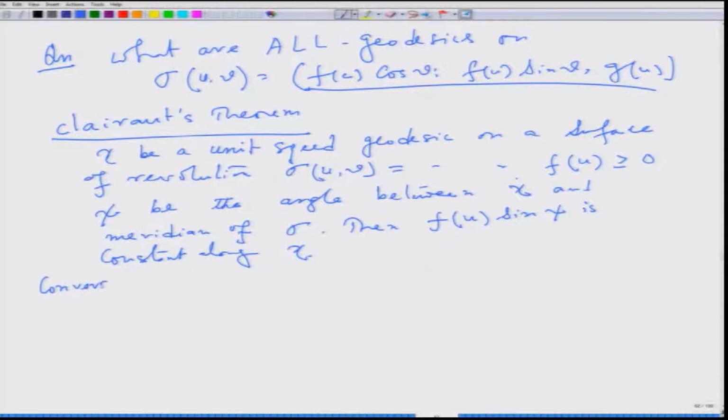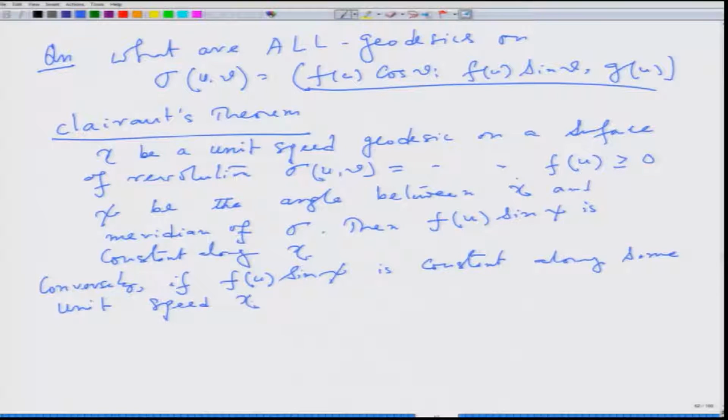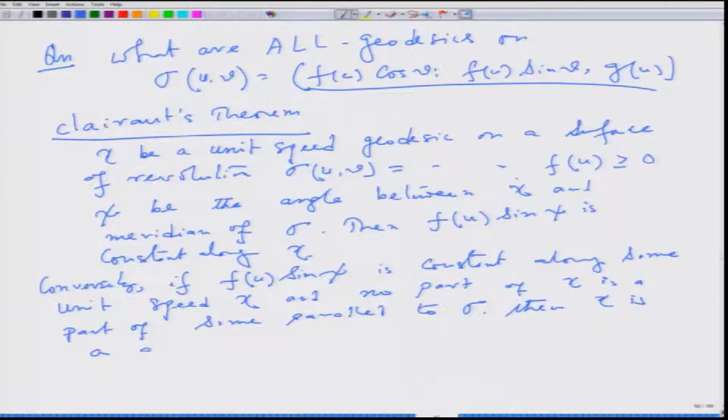Conversely, if f(u) sin psi is constant along some unit speed curve gamma, and no part of gamma is a part of some parallel to sigma, then gamma is a geodesic.